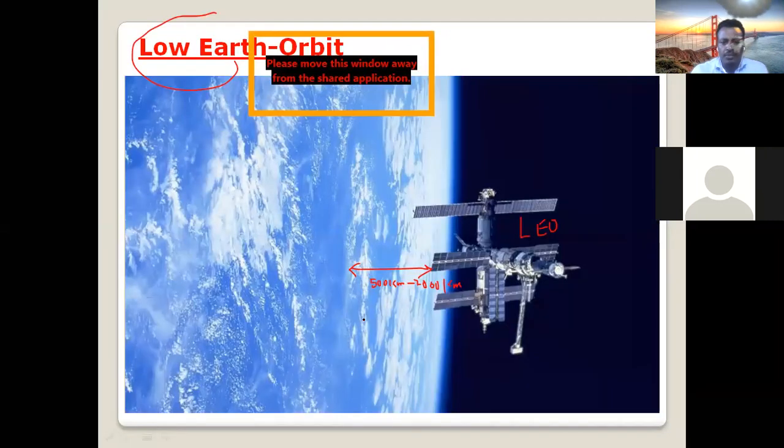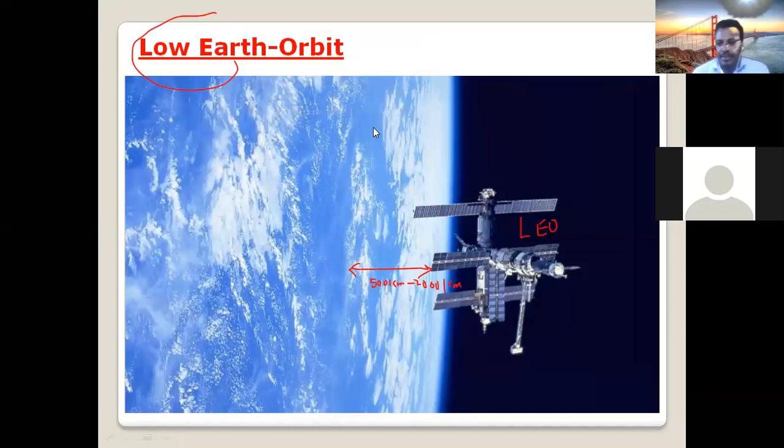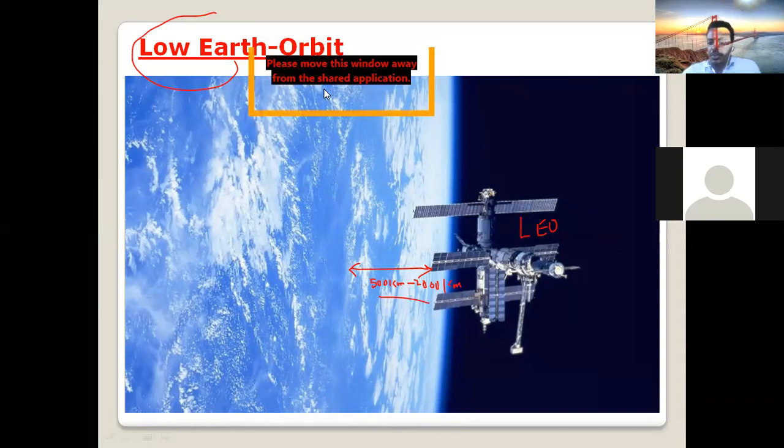Let's compare the transmitter. The amount of transmitter power depends on what? It depends on the distance. If we need to transmit a longer distance, we need high power transmitters, right?